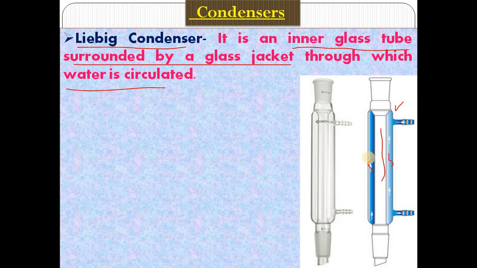So this is the circulation phenomenon: water flows surrounding this inner glass tube. This type of condenser is called a Liebig condenser. In laboratories, such condensers are applied. For example, in research laboratories like NCL and CSIR laboratories, such Liebig condensers are used.